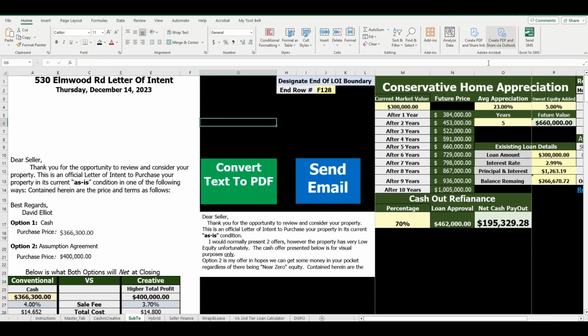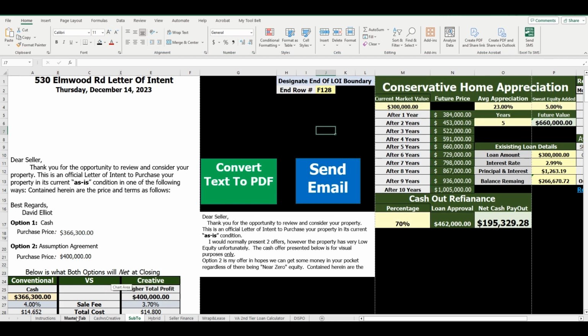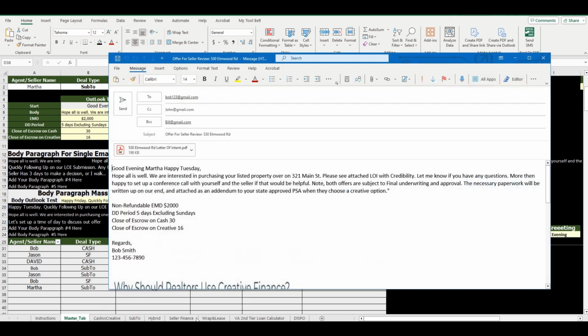And now it's time to send the email. So we'll click on send email, and we can see here that we've got the agent's name, property address, CC, BCC.